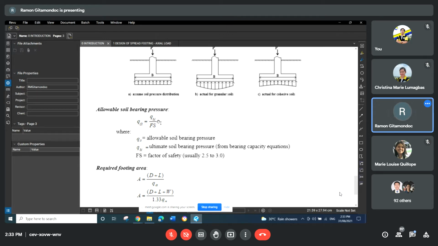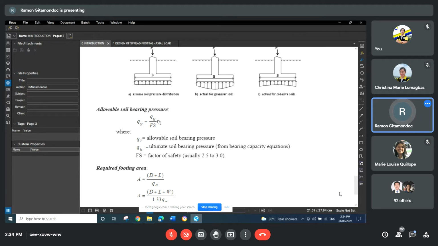But again, there is no straightforward formula for determining the factor of safety. So this is a judgment. It largely rests on the judgment of the geotechnical consultant regarding the factor of safety he recommends.